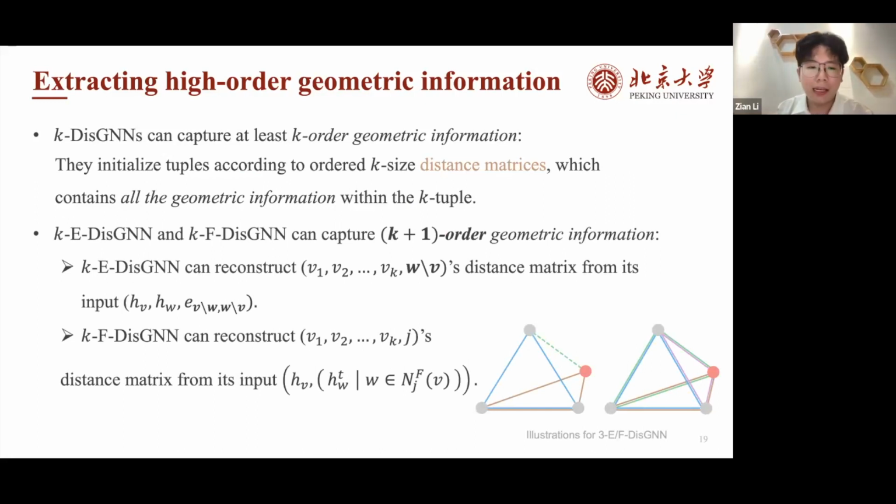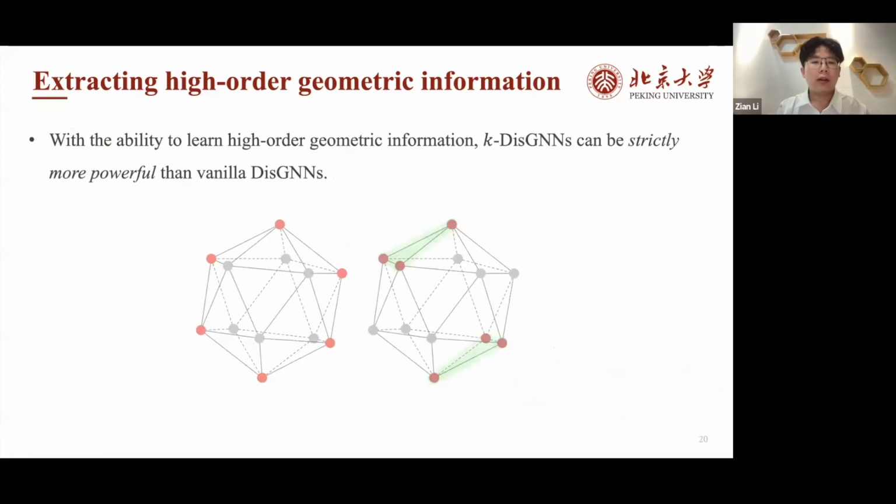For example, kE-DisGNN can capture the relation between a 3-tuple and its neighbors, so it can reconstruct the 4-tuple, and kF-DisGNN can learn all the 3-tuples within 4-tuples, so it can also reconstruct it. So they can capture all the (k+1)-order geometric information. And a natural question is, what can they do with the ability to learn high-order geometric information?